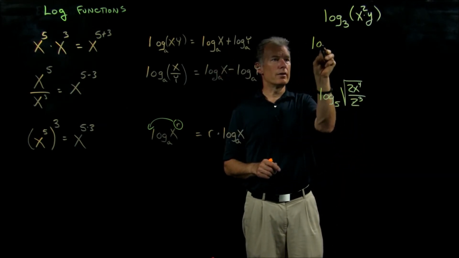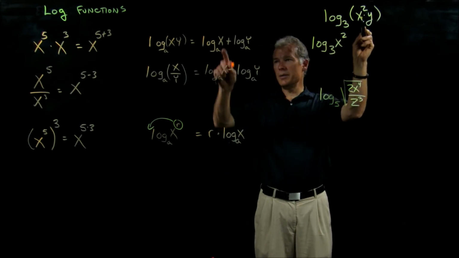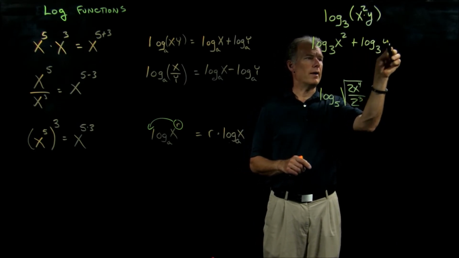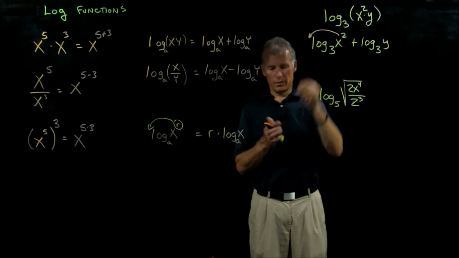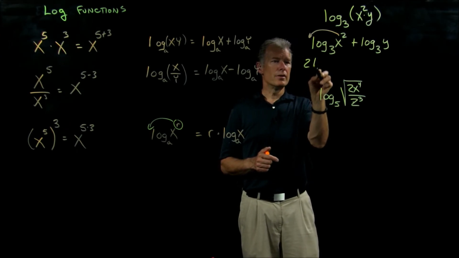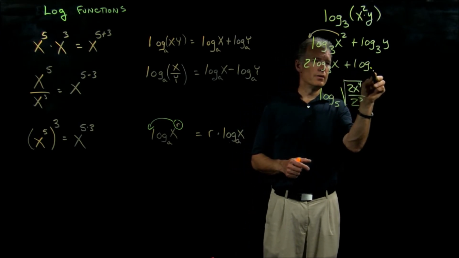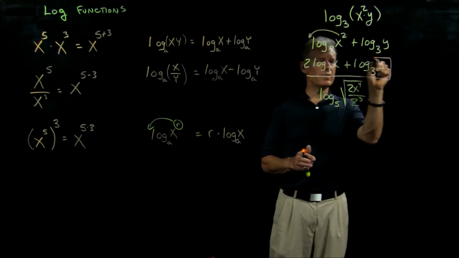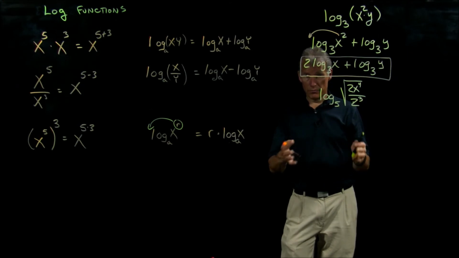So I have log base 3 of x squared, plus log base 3 of y. And again, this then can be pulled out front and used as multiplication. So now we would actually have 2 times the log base 3 of x plus log base 3 of y. So again, we're not solving for anything here yet. This just gives us a tool to manipulate logs so we can solve.